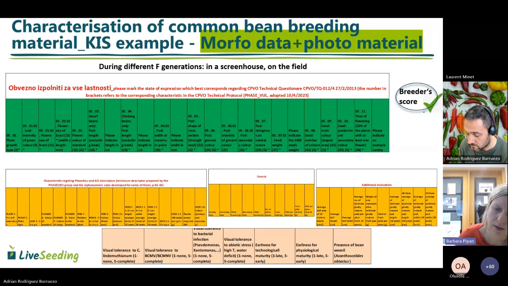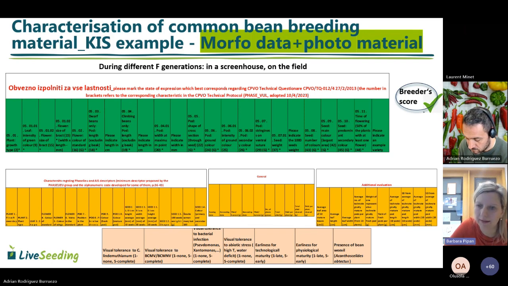These are the ones colored in orange, associated with, I don't know, yield per plant, and then the visual score of susceptibility to diseases and pathogens, which is the most important.